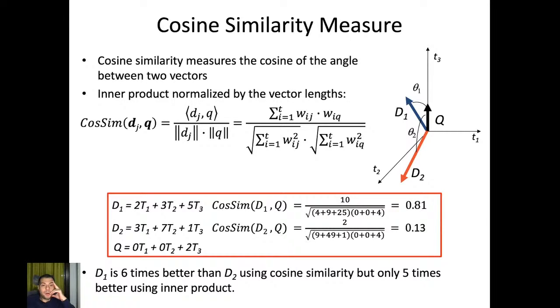Okay, so now we know how the weights are actually computed with TF-IDF, and then we have this vectorial representation. Here, instead of occurrence counts, we can think of these as the TF-IDF scores.